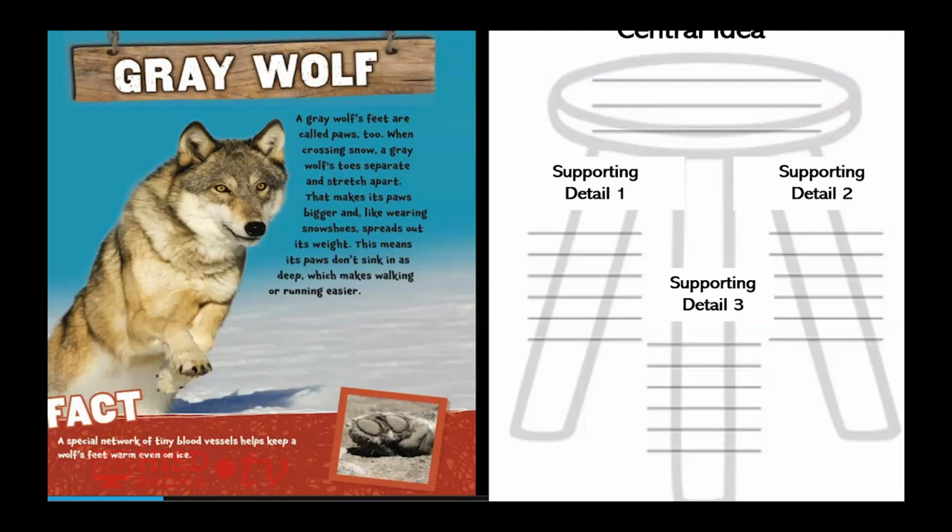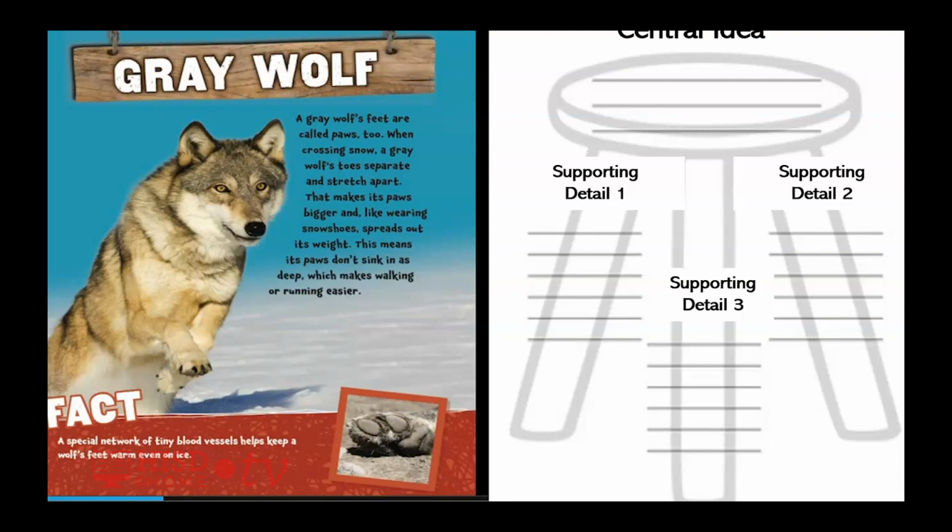So step 3, circle all the words and ideas repeated throughout the text. And go ahead and underline the first and last sentence. And now we're going to use the graphic organizer to help us complete step 4. Step 4 is decide what the author thinks is most important, the details, and compose your central idea statement.